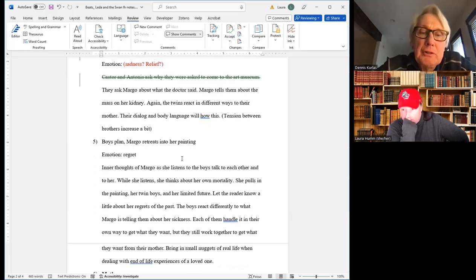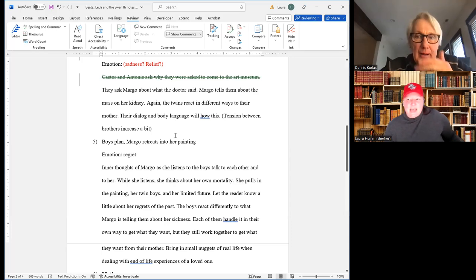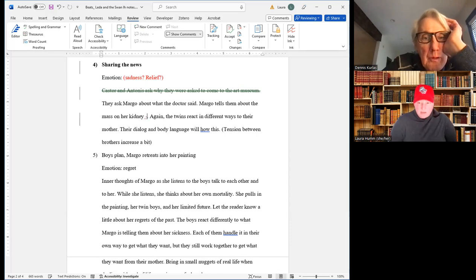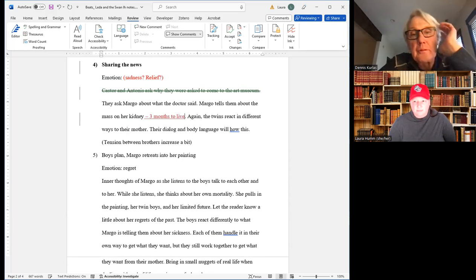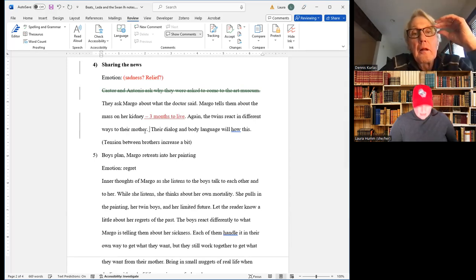When we say retreats into her painting, she's in her thoughts or thinking about that painting. So the way that I see this happening is she tells them not just that she has a mass in her kidney, but that she has 3 months to live, whatever it is. They're reacting differently.